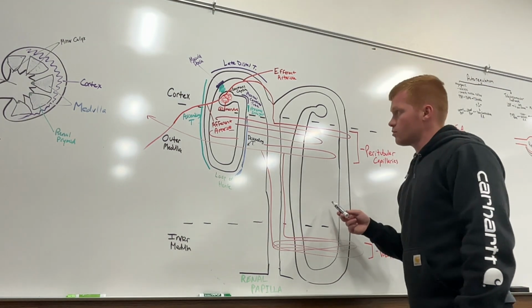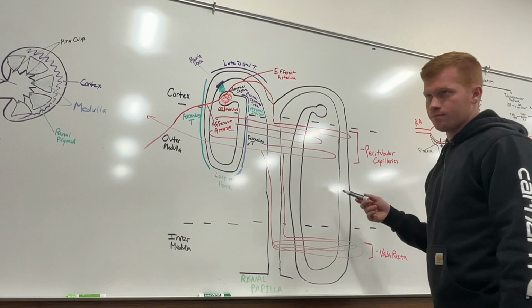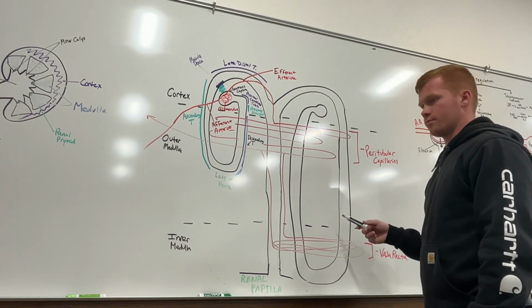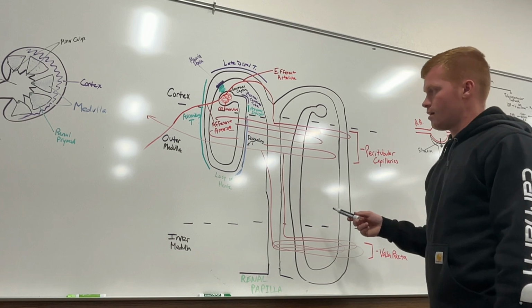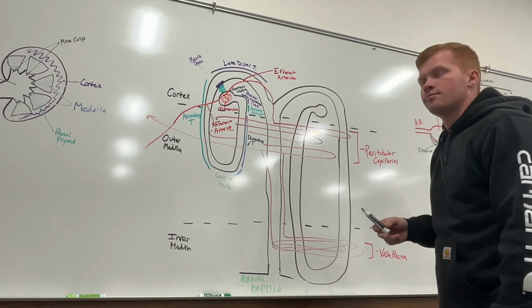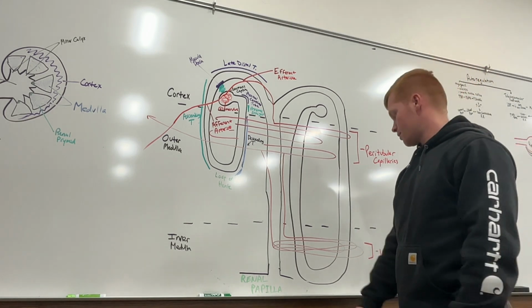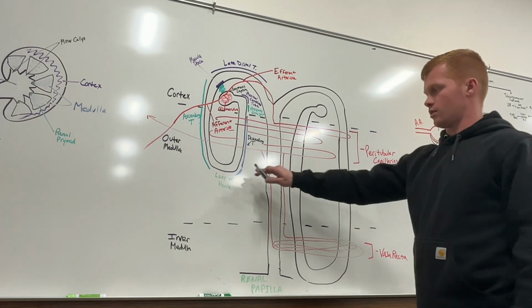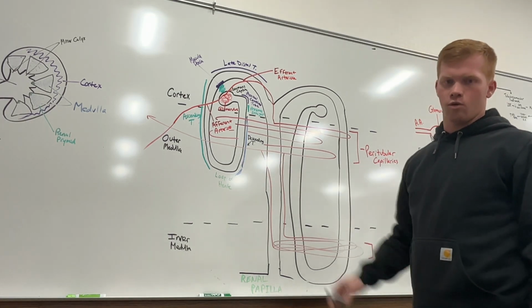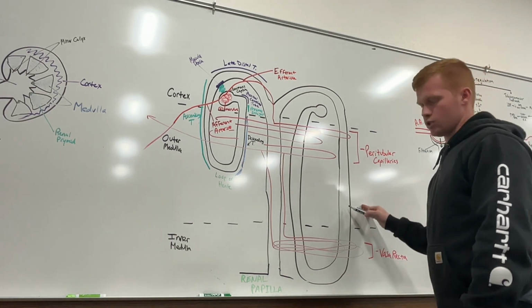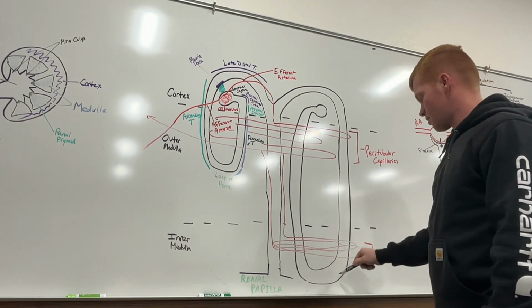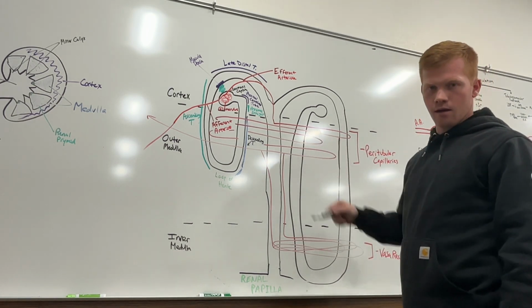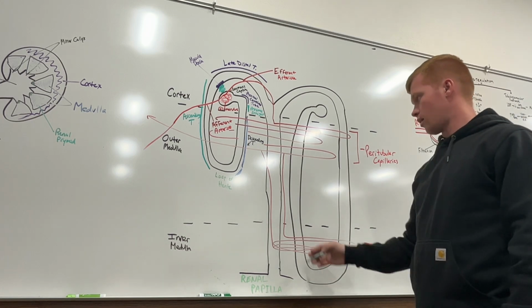And for humans, we do have the juxtamedullary nephron, but it's not as common, it's not as present as the cortical. So it still exists, but the majority are these cortical ones. And the thing that makes these different is they have a much longer tubule. The loop goes down a lot further.